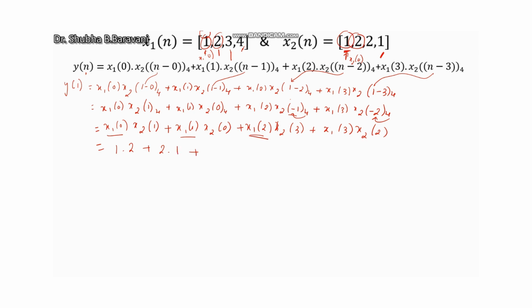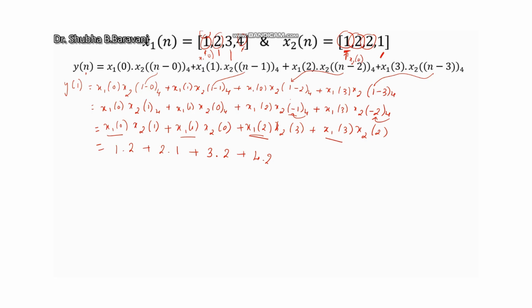Plus x1 of 2 is 3, multiplied by x2 of 3, which is 2. Plus x1 of 3 is 4, so I'll substitute 4, times x2 of 2, which is 2.